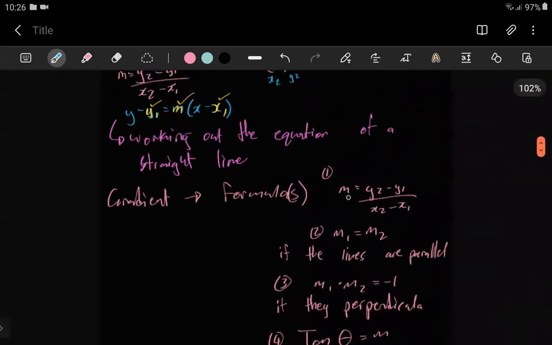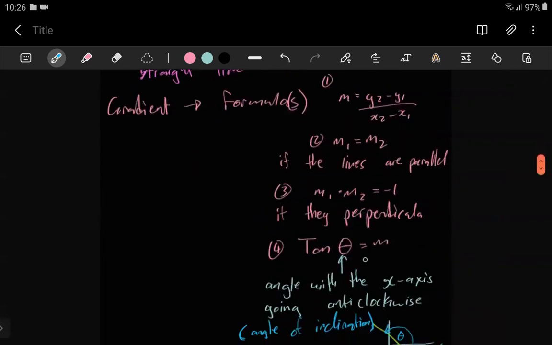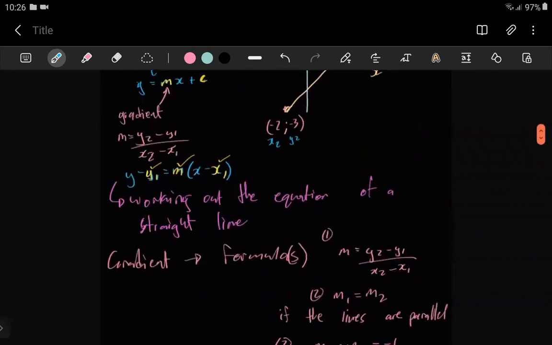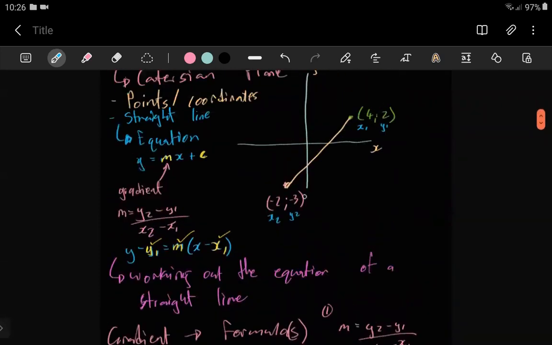You can use this if you have 2 points, you can look for parallel lines, you can look for perpendicular lines, or you can see if you have an angle of inclination. So we're still just dealing with the straight line, 2 points, and we just spoke about gradient.